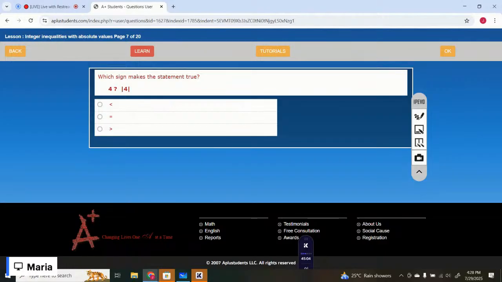Which sign makes the statement true? They both are exactly equal, so 4 is equal to 4.